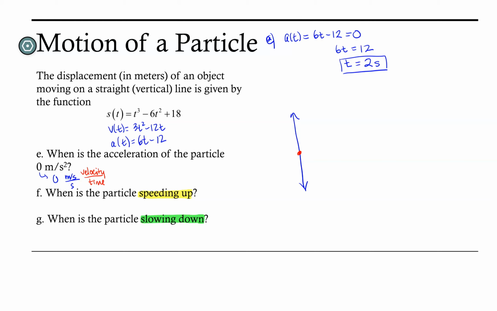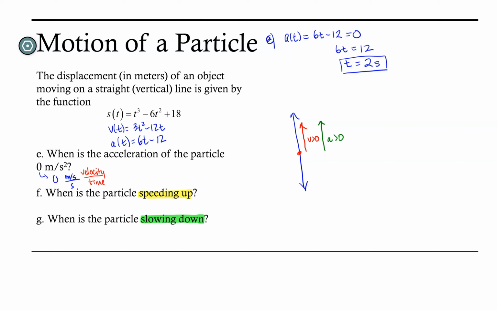My velocity indicates the direction I'm moving and how fast I'm moving. If my velocity is in the upward or positive direction and my acceleration is also in the upward or positive direction, then the acceleration is being applied in the direction that I'm already moving.